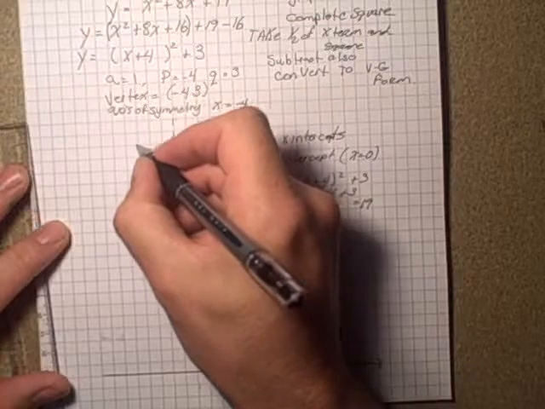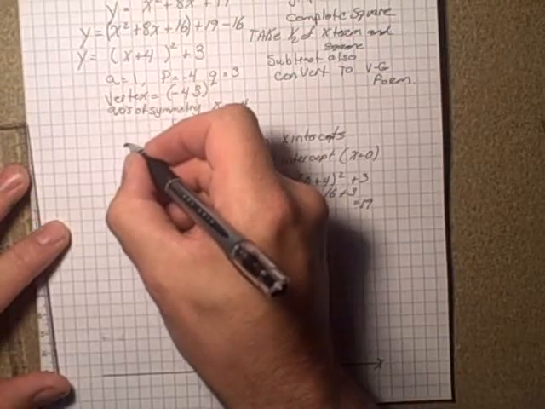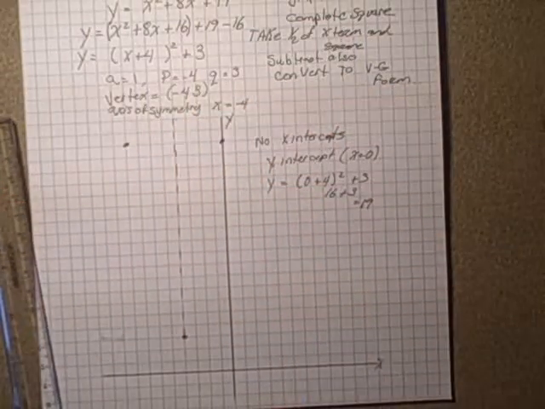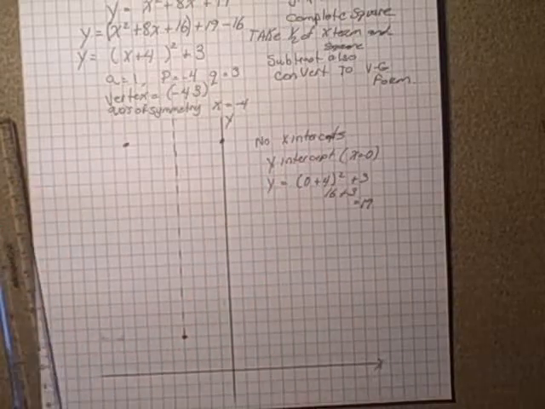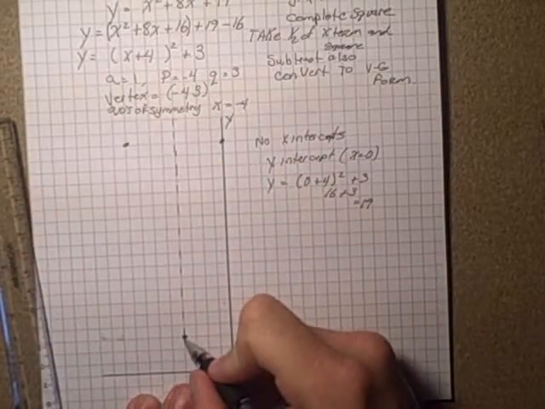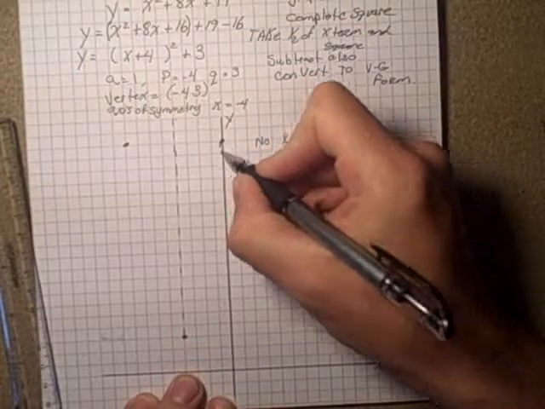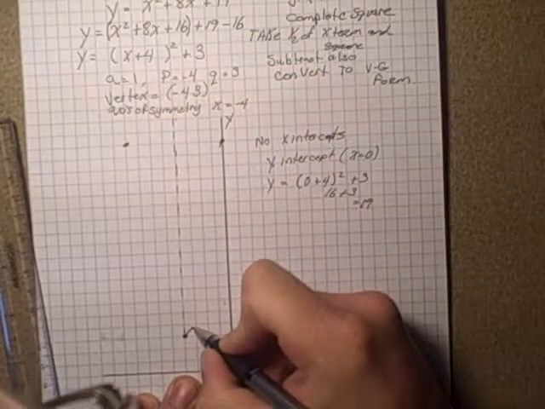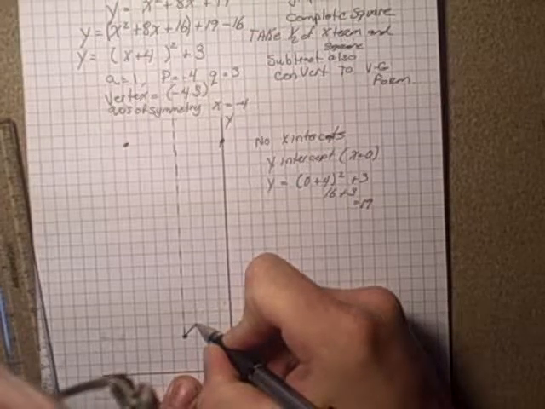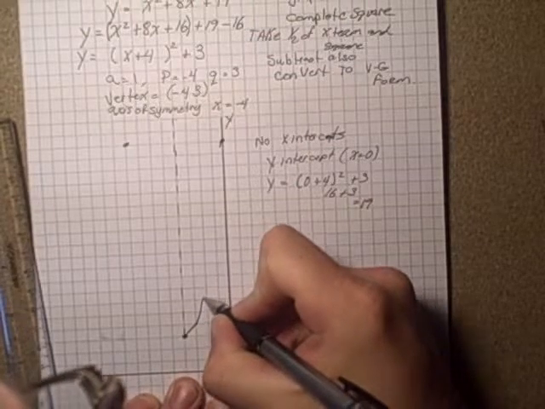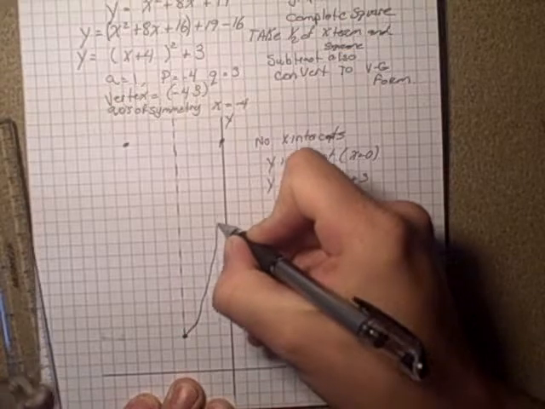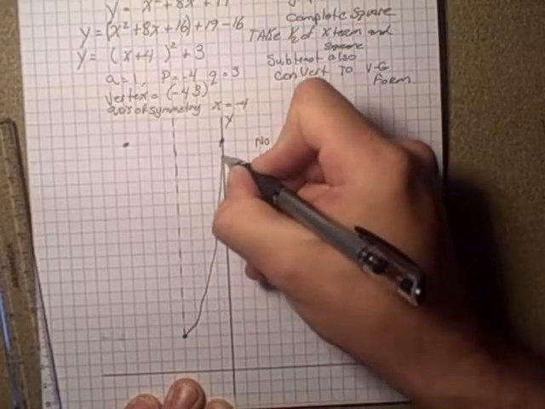So there's 2 points to draw our curve with. We could check down here if we wanted to find some more, but this would be enough to draw the graph here. And it's going to be of normal thickness because of a being 1.